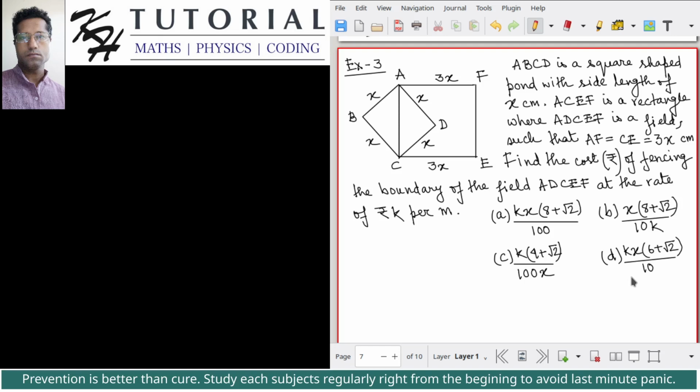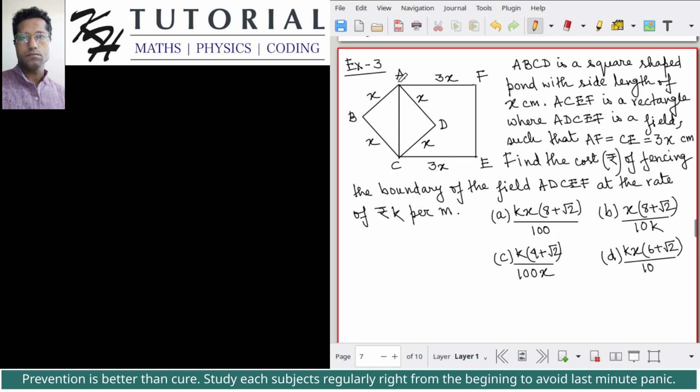ABCD is a square shaped pond with side length of x centimeter. ACEF is a rectangle, where ADCEF is a field such that AF is equal to CE is equal to 3x. So ABCD is a square pond, and the length of the side of the square pond is x centimeter.